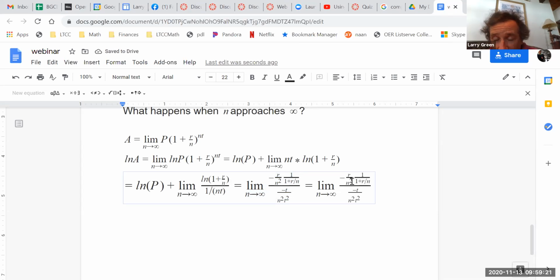The n squares cancel, so the r over n squared just becomes an r. And this n squared goes away. The negatives go away. I lost my ln of p.